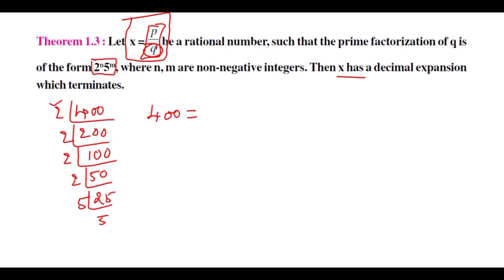That is 2 to the power of 4 into 5 to the power of 2, correct? So we have two 5s here, 5 square.